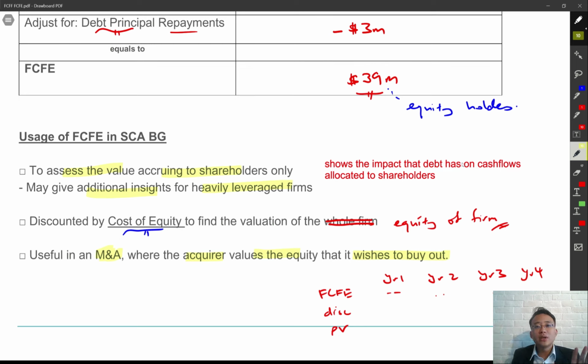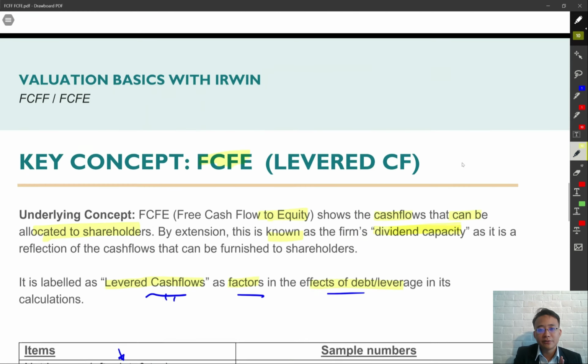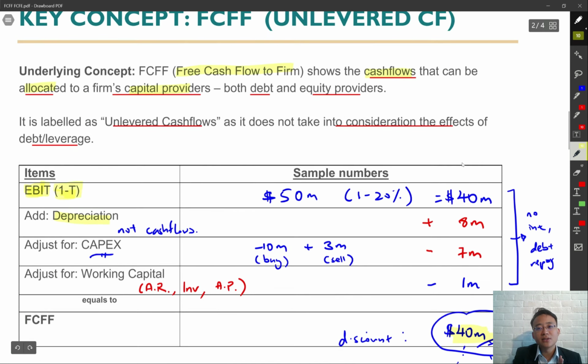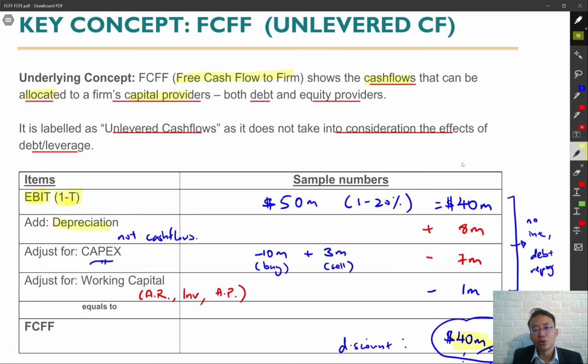To recap, what are the main differences? Number 1, FCFF is the cash flow that goes to your debt and equity providers. So you do all your calculations and you'll be left with a big pool of money. This money is to be distributed to debt and equity holders.